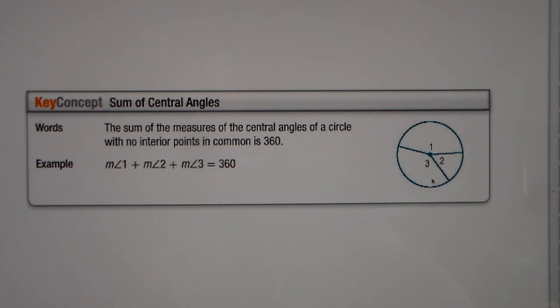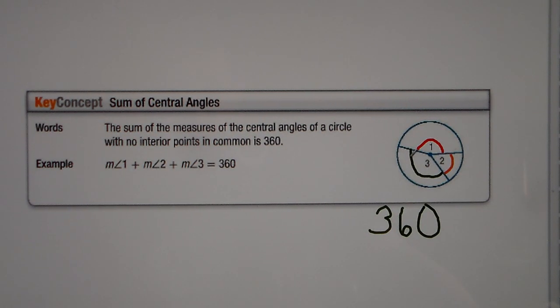For example, we see this circle over here. Central angle 1, aka that red angle, plus angle 2 here in orange, plus this green, angle 3, the red plus the orange plus the green equals 360 degrees, because there's 360 degrees in a circle.